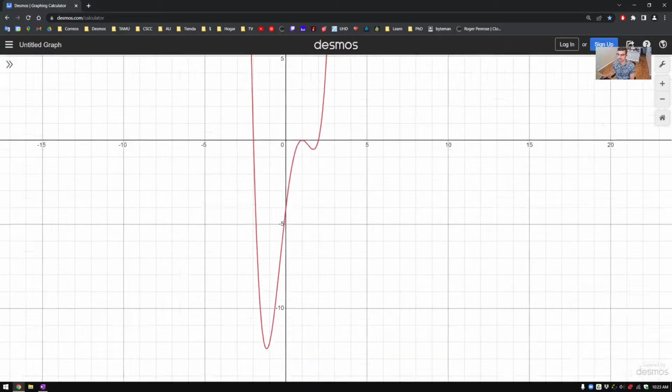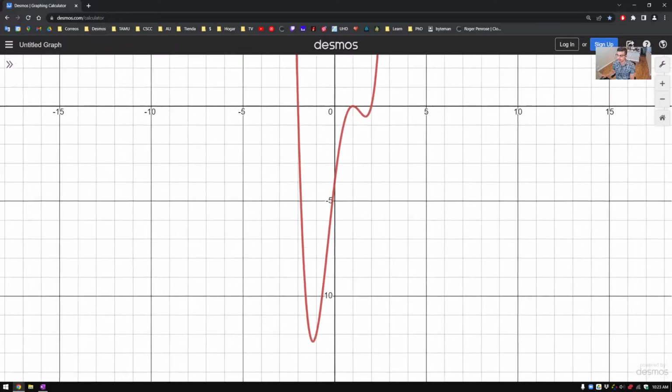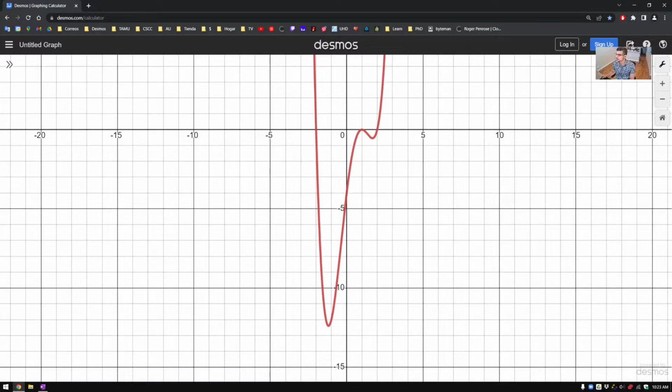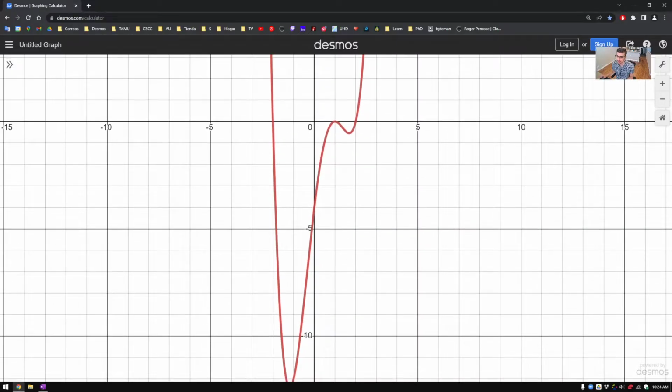So this is the graph of our polynomial. I'm going to zoom in, and this is the shape.